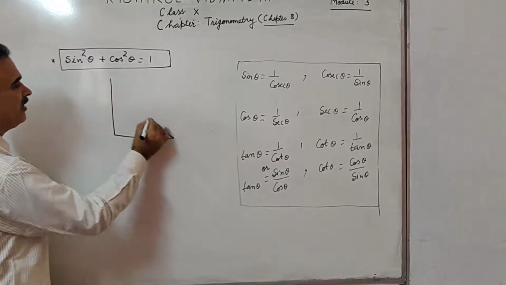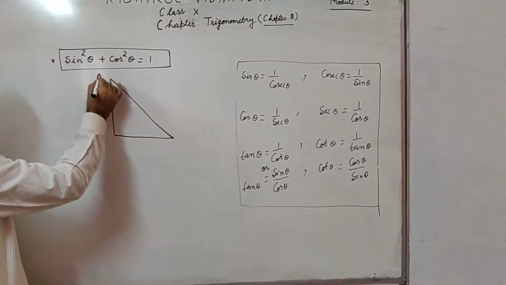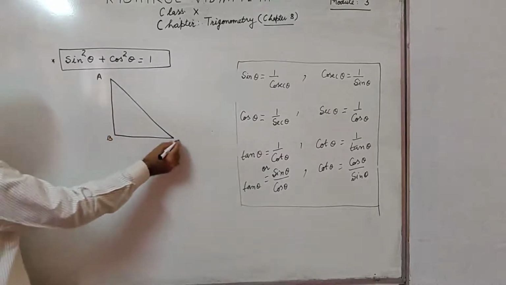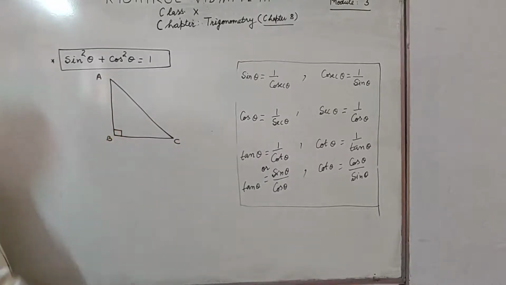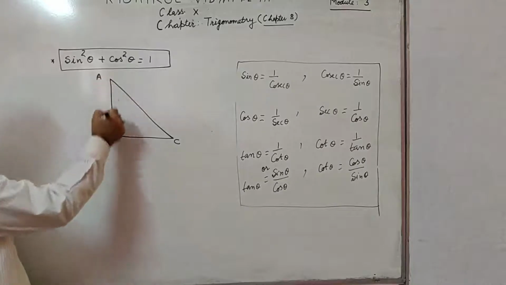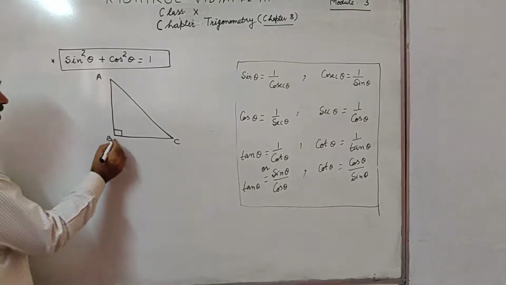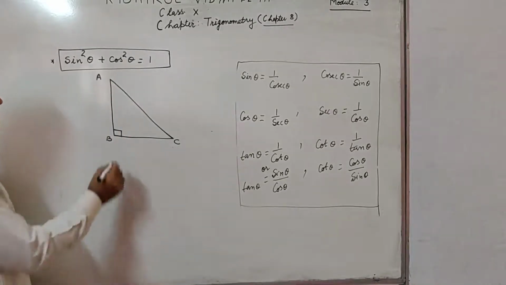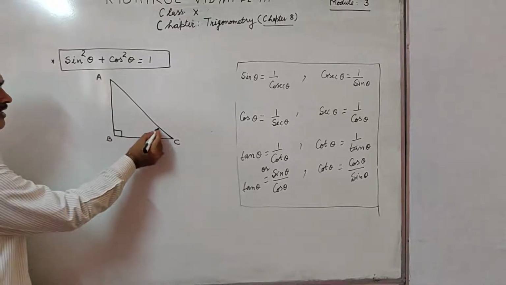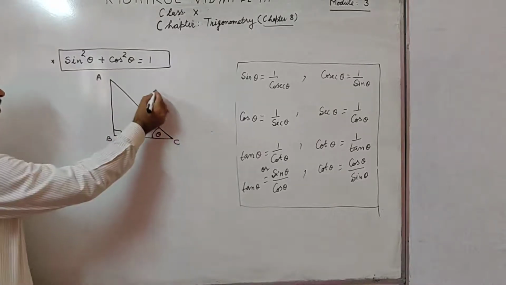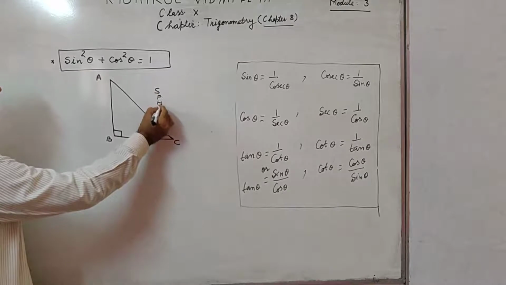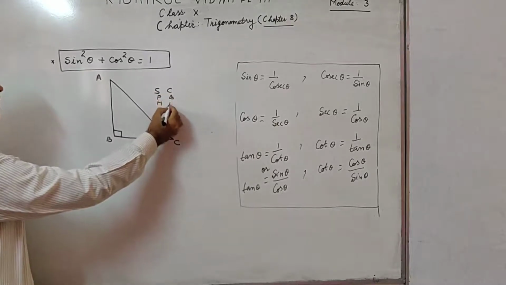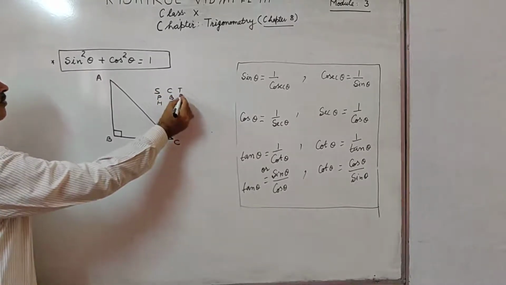In this right triangle, it is A, B, C. This is AB and BC. This is 90 degrees. If I take theta, some people have curly brown hair turning permanent black.